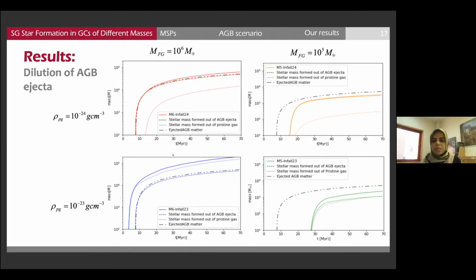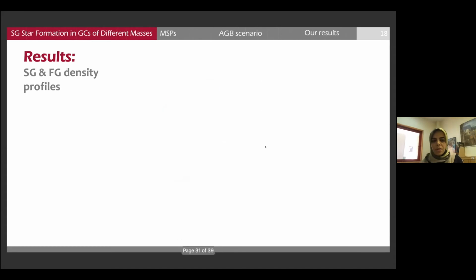We conclude that 10 to the 5 solar mass clusters show a much lower ability to retain and accumulate the gas to form a second generation of stars.